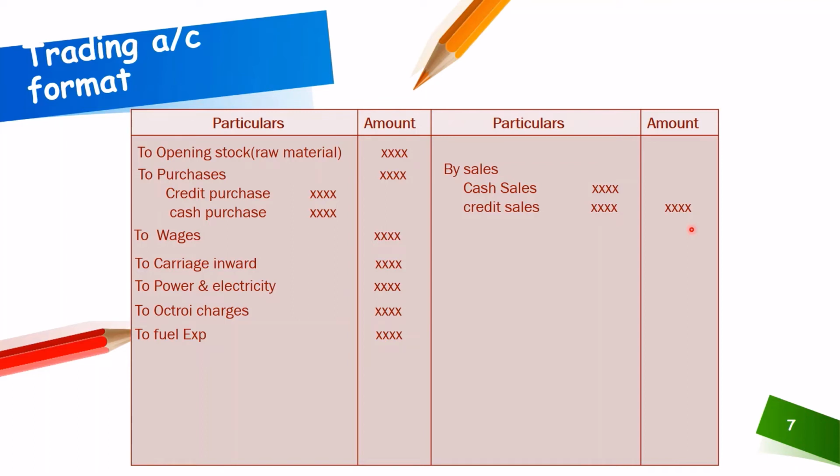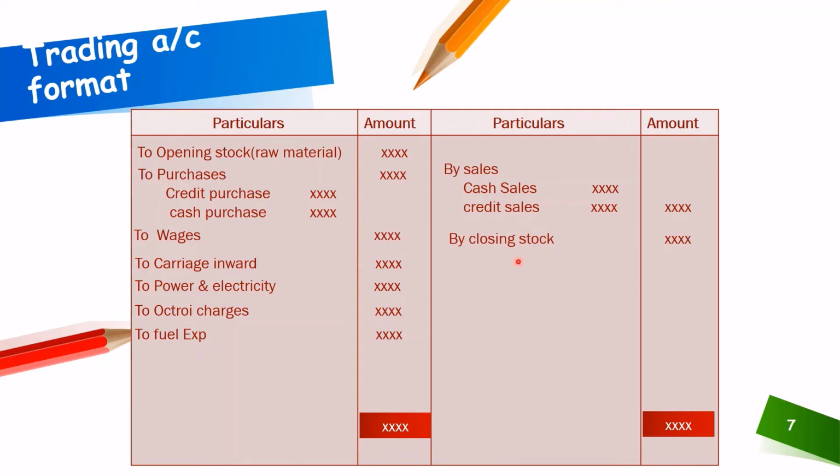In the balances, the debit total must equal the credit total. If on the debit side the expenses are more and the incomes are less, we'll get a loss. If the expenses on the left hand side are more and the income values on the right hand side are less, we'll get a loss.